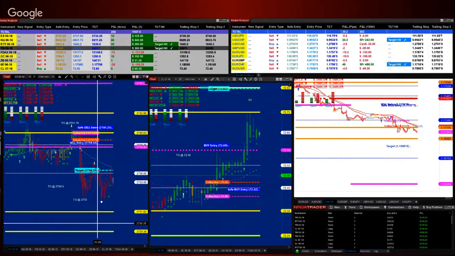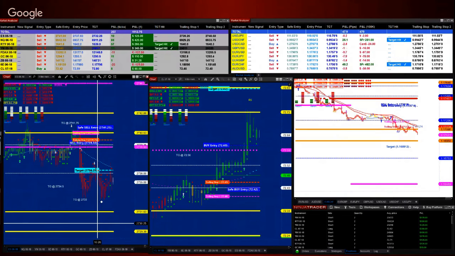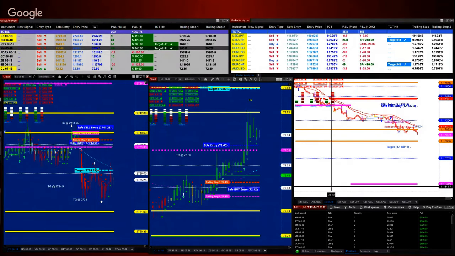Anything around 70, 27, 30, 25, this is where you need to start closing your position on the short side, and you need to start looking for a long on the pullback.